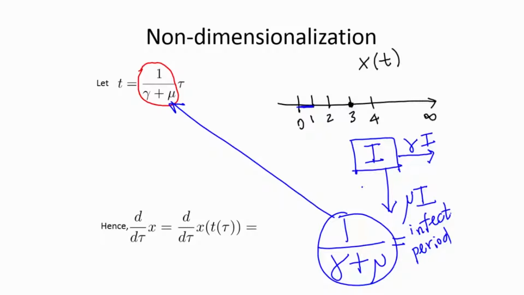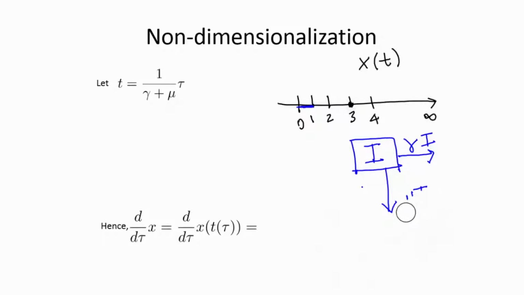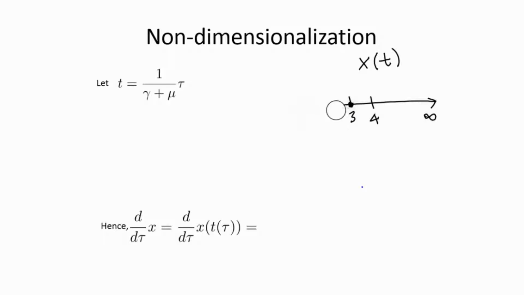So what we do is define a new time variable, and this is how we relate the old variable to the new variable. We relate them by this expression here: t equals the infectious period times tau. Maybe I delete this to make some room.